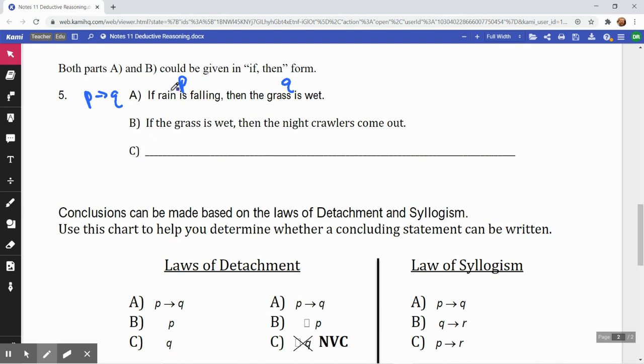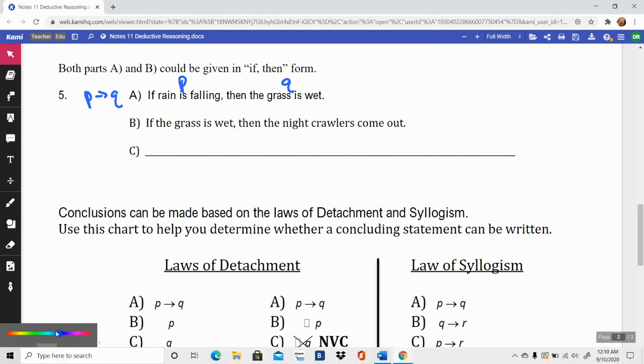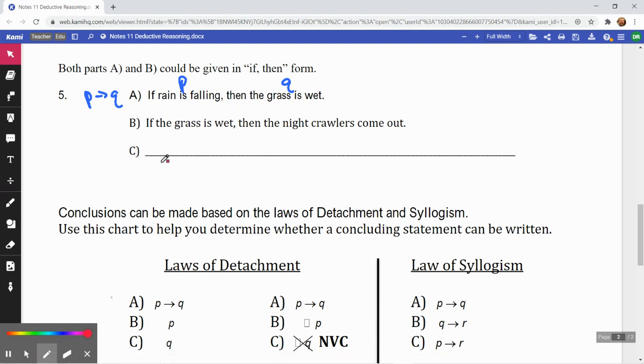So that is a conditional because we have if something, then something else. Now what's different here is you see another conditional in statement B. It says if the grass is wet, then the night crawlers come out. Okay, so let's look at this conditional here and what's being said. The first part says if the grass is wet. And if we just look back to our conditional, that idea was already used up here.